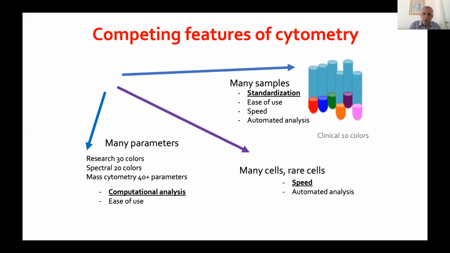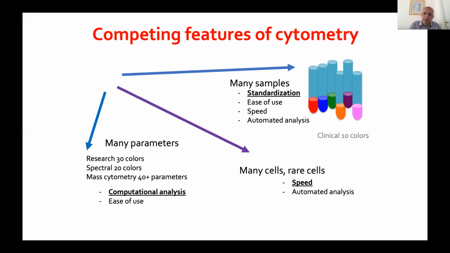What I will be talking about today is mostly the third type, which is relatively low complexity clinical assays, 8 to 10 colors, where we need to perform the same assay over and over for different patients at different time points. In fact, our experiment is probably a year-long measurement of different patients or even more.